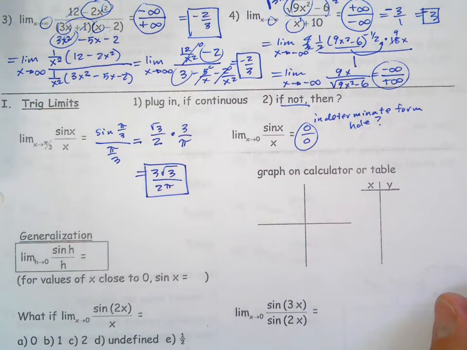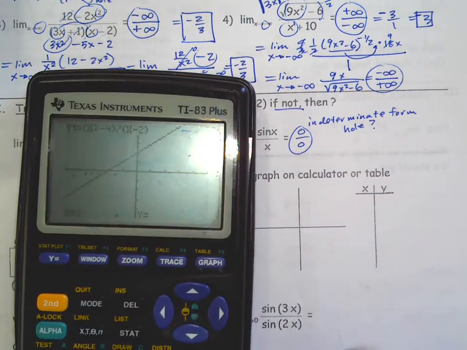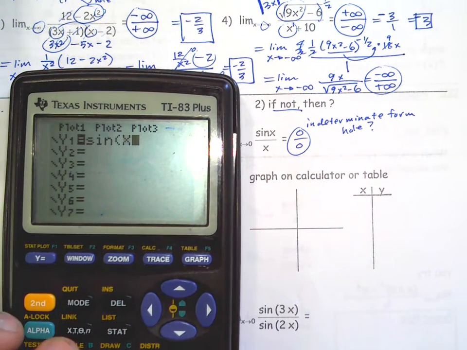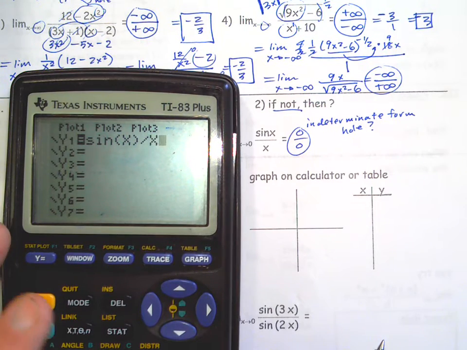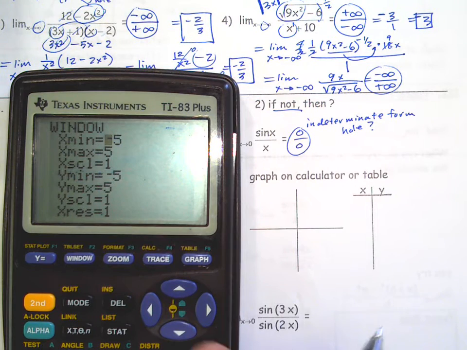On a graphing calculator, I'll show you what happens, what this graph looks like. So we'll do, make sure I'm in radian mode, sine x divided by x, and then window, I don't know, let's see.